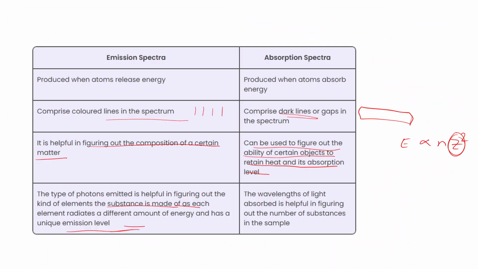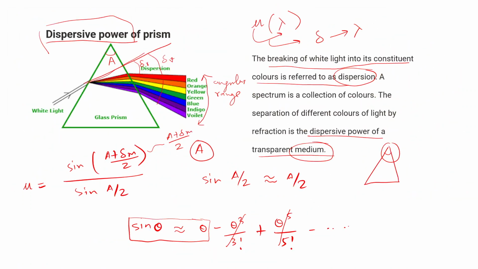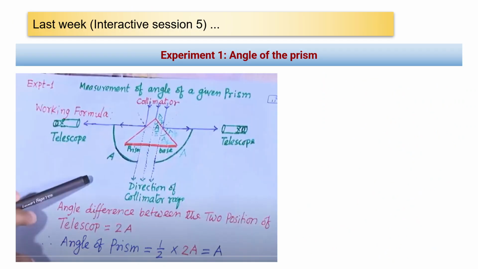So till now we have been discussing several experiments based on using the spectrometer only. From next week I think we will be discussing more of interference where we use gratings. That also we'll discuss, along with the principle behind it.